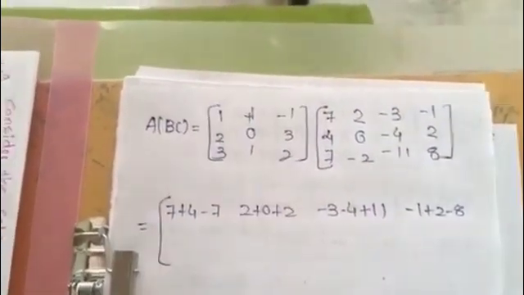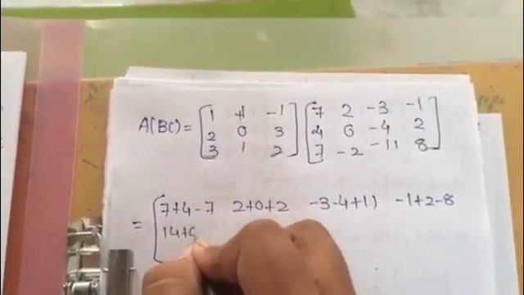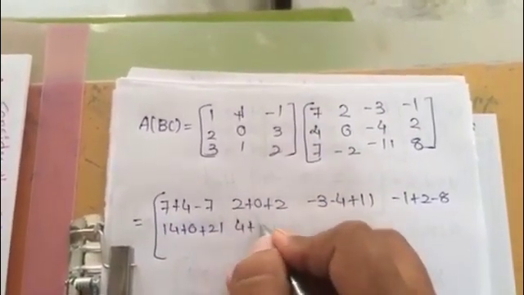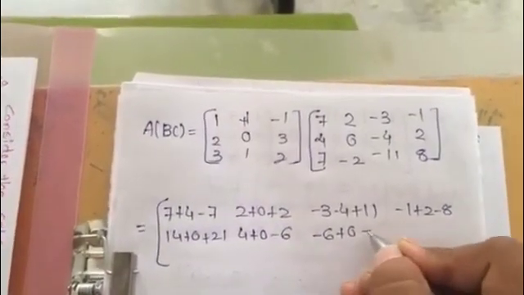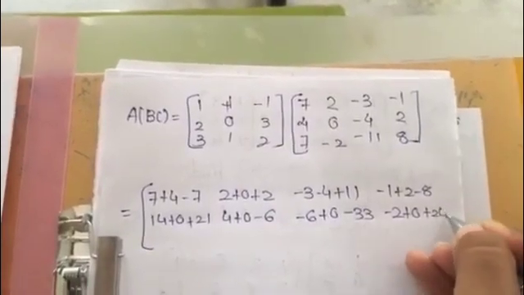Now the next will be 14 plus 0 plus 21, 4 plus 0 minus 6, minus 6 plus 0 minus 33, minus 2 plus 0 plus 24.